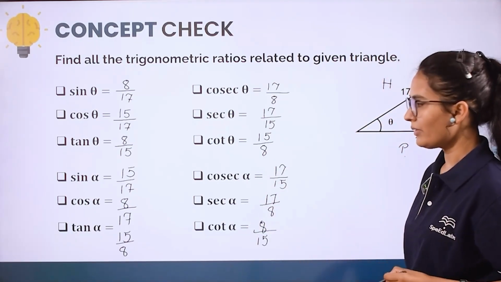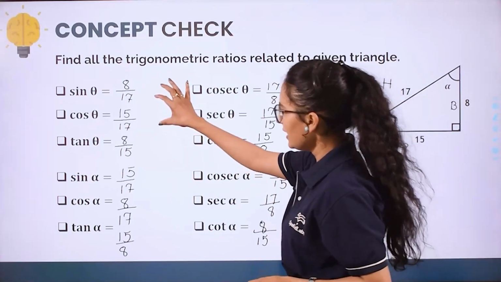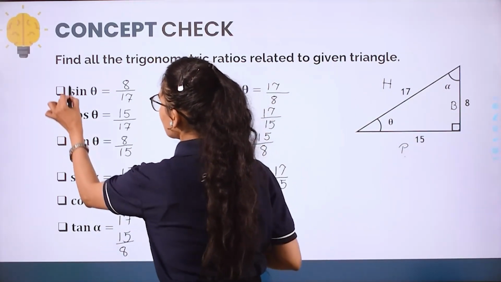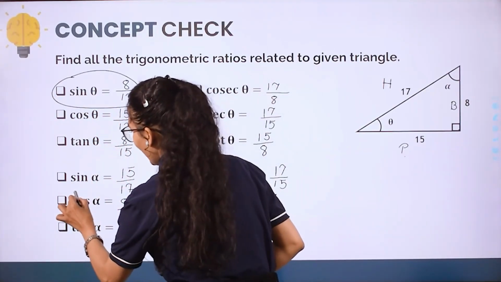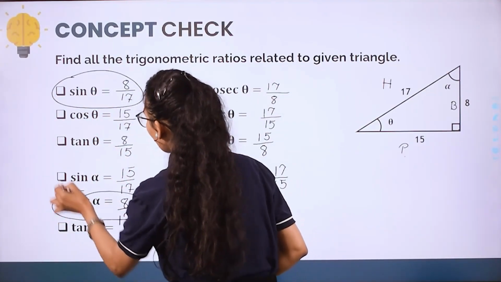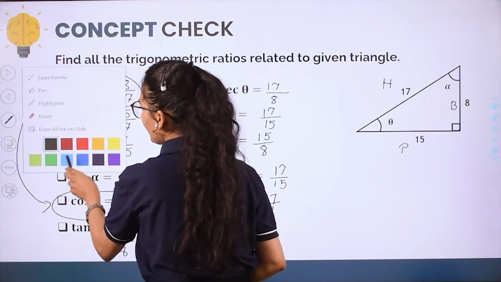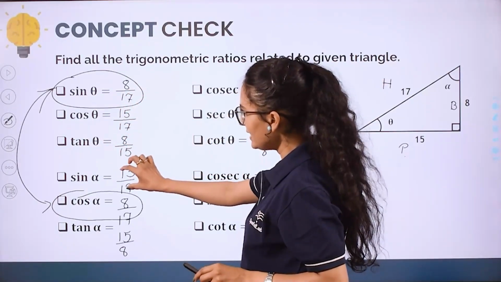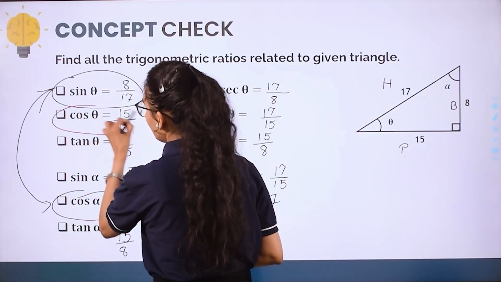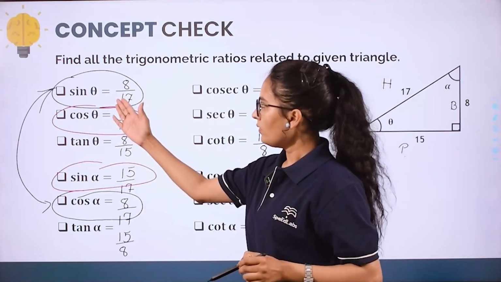Now let's try to observe one thing. Look at this. Here 8 by 17 was the value of sine theta, and the value of sine theta and cos alpha is the same. The values are the same, right? Next one, cos theta is 15 by 17, and sine alpha is 15 by 17. So these two values are also the same.